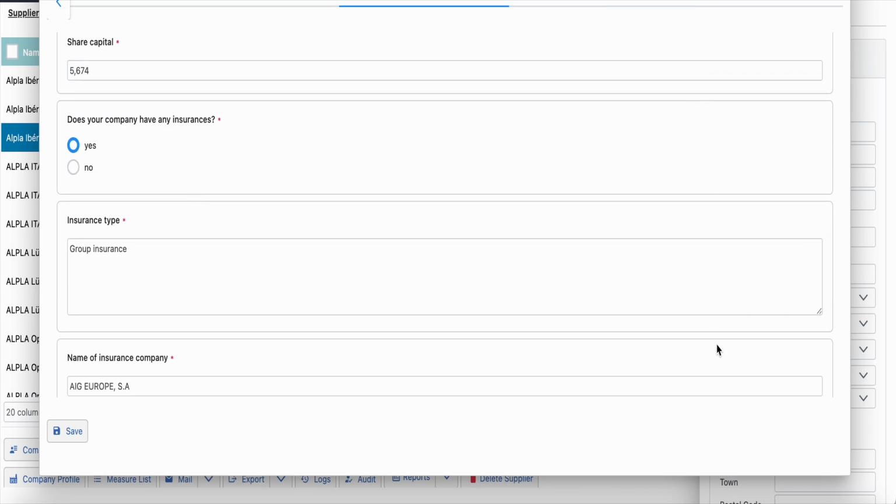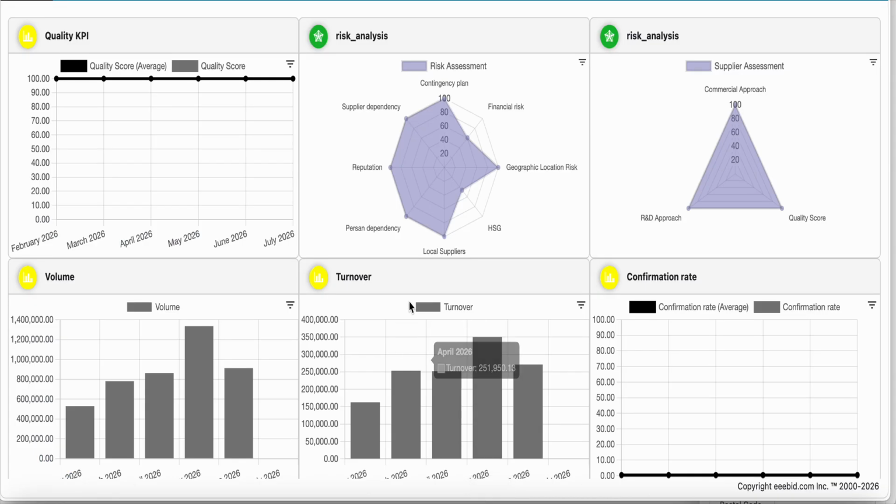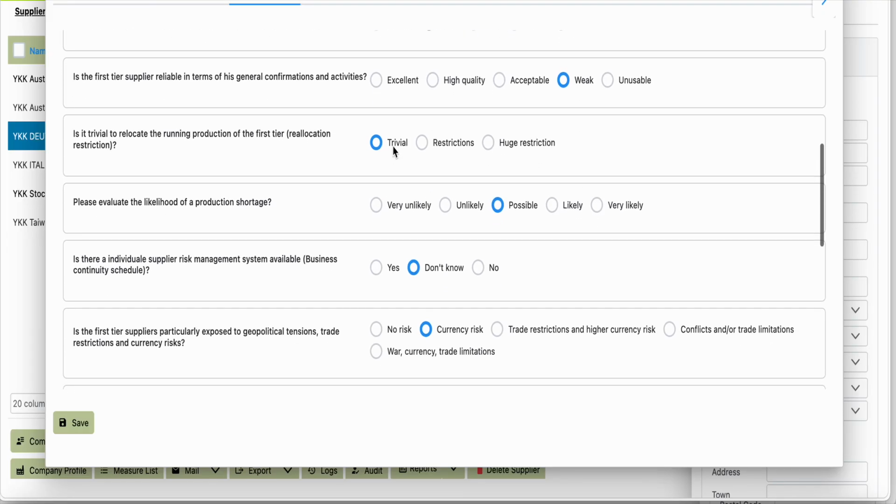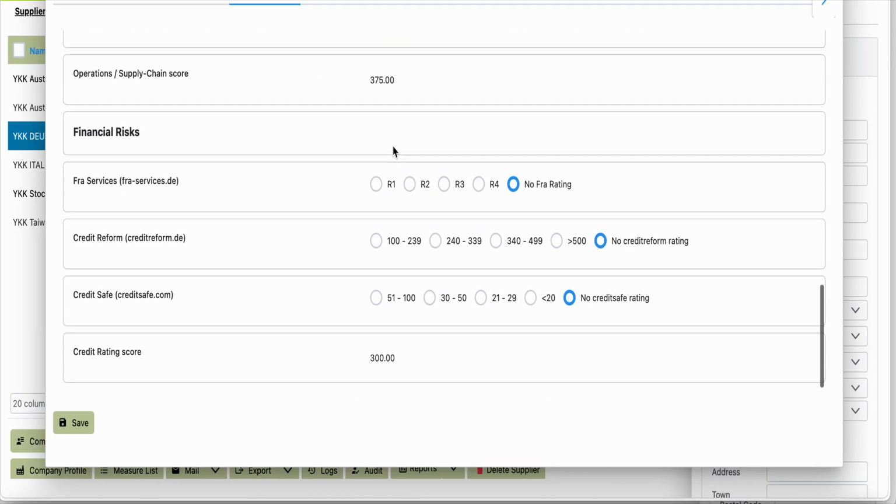Let's look at another methodology which we combine. And this is a self-declaration methodology where we oblige the companies to actually deposit the kind of credit score they have. So those are some companies: Credit Safe, Kreditreform, Fra Services.